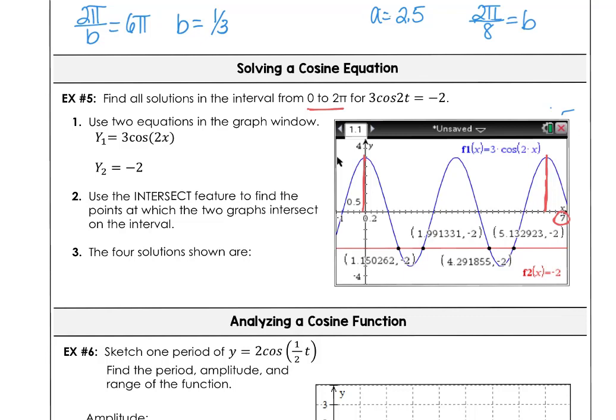So the way I'm going to approach that is I'm going to use the two equations. We're going to graph the left equation in the y1 screen, and we're going to graph the right side of the equal sign in the y2 screen. And you can see that down here in the picture. This is the y equals -2 down here.